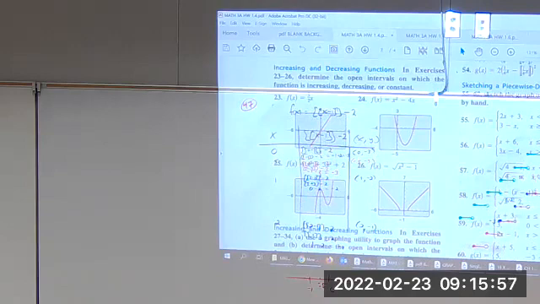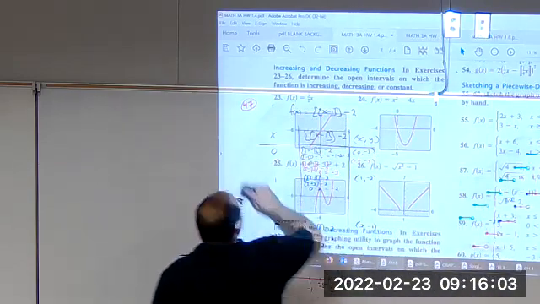Piecewise function. You're supposed to graph these by hand.